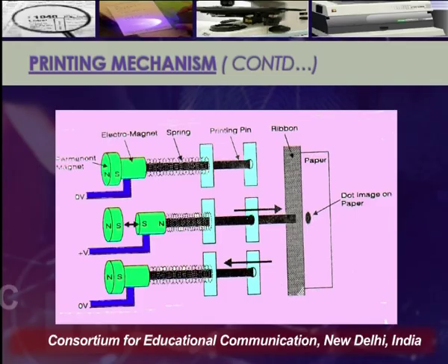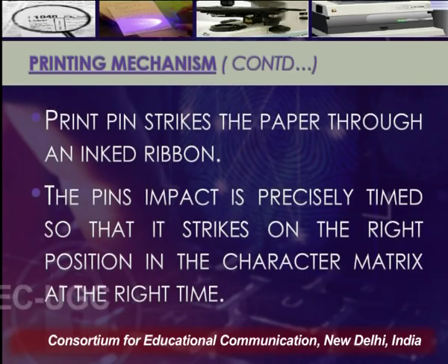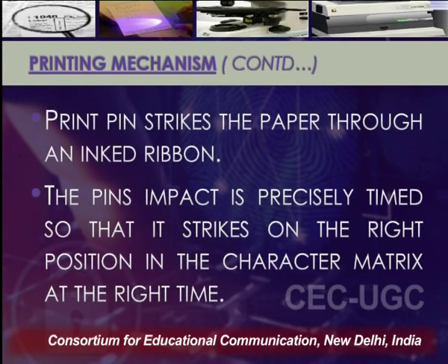So, that will make our printout on the paper. This print pin strikes the paper through an inked ribbon. The pin's impact is precisely timed so that it strikes the right position in the character matrix at the right time.